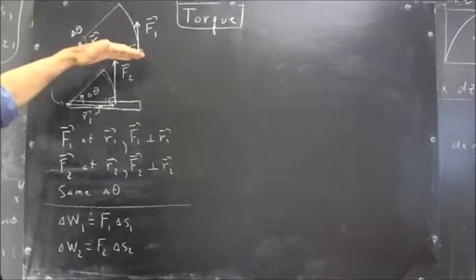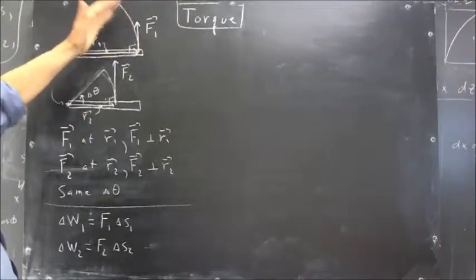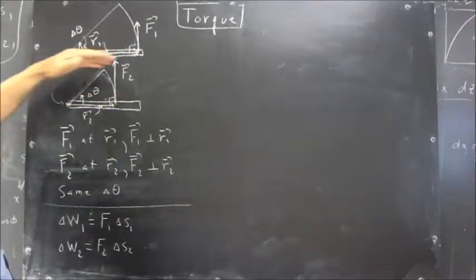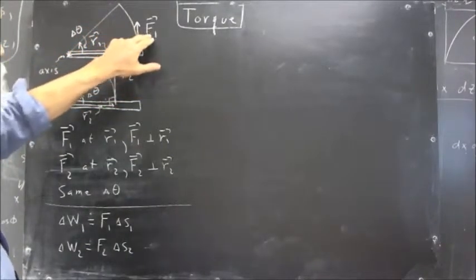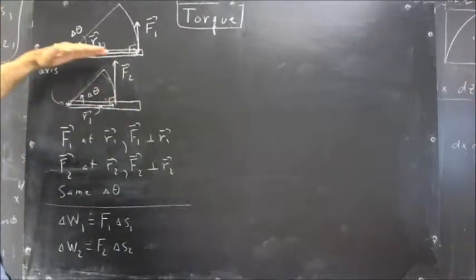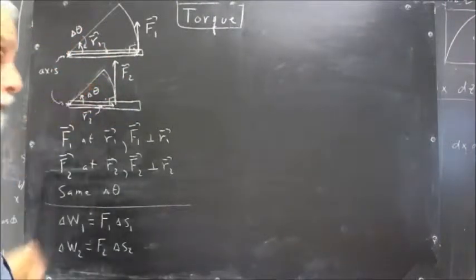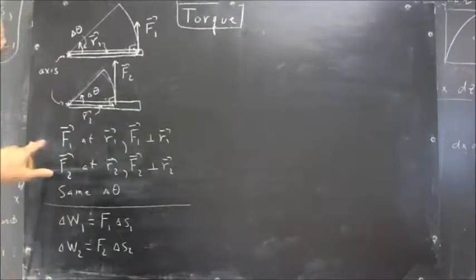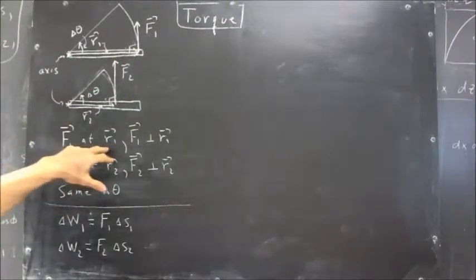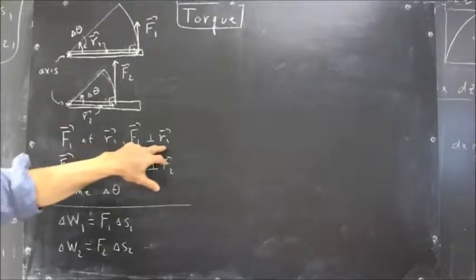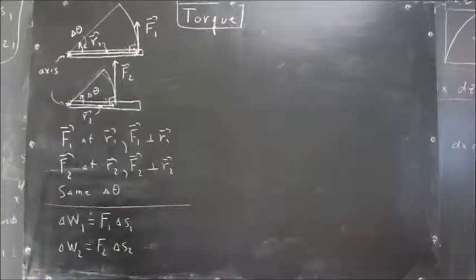And we're going to assume the body goes through the same delta theta. We're going to consider what work this force does, and what work this force does, as the body rotates through an angle delta theta, the same angle in both cases.